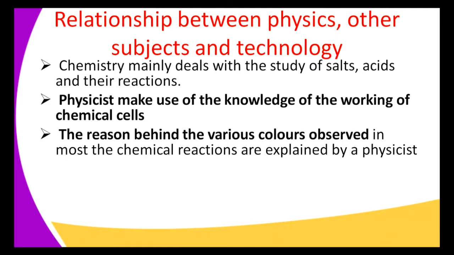The reason behind the various colors observed in most chemical reactions is explained by physicists. In chemistry, we learn about what we call paper chromatography. Chroma means color. How these colors are observed and how they behave can only be explained by physics principles and concepts. For example, if you take a ray of light and pass it through water, the ray of light is split.